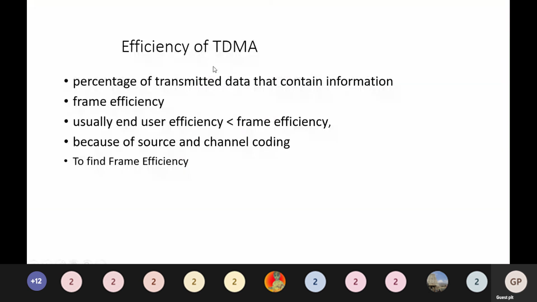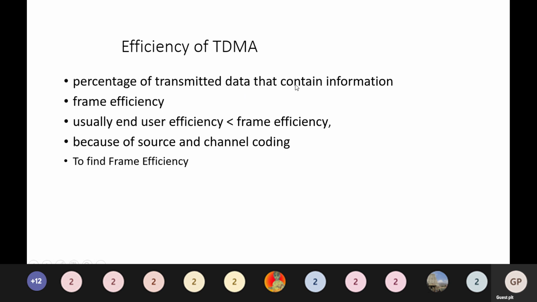If we look into the comparison, the TDMA system is more advantageous compared to the FDMA system, because TDMA is digital in nature. It transmits and receives data in the form of bursts and buffers, that is, time slots.